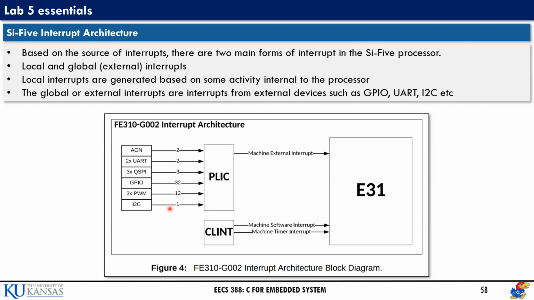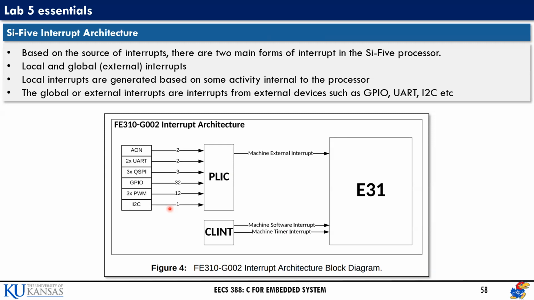The availability of different techniques for interrupts is processor specific, right? For different boards, there are different techniques based on the source of the interrupts, from where the interrupt is generated. We can categorize the interrupts in two categories, that is local and global interrupts.